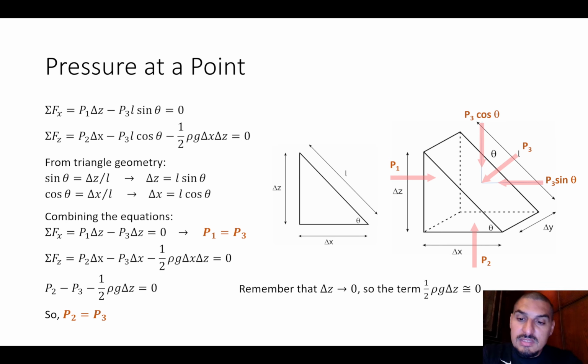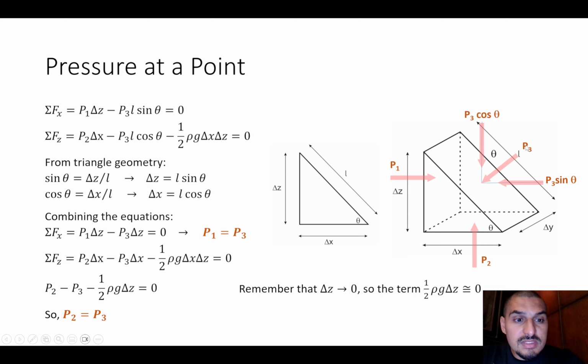Now this is a good thing to notice, and to know why we chose this shape to make the derivation. The reason is, if we use a cubic shape or any other shape, the derivation will end up with P1 equal to the pressure in one direction and P2 equal to the pressure in the other direction, and we don't have any relation between the pressures in the horizontal and the vertical directions.